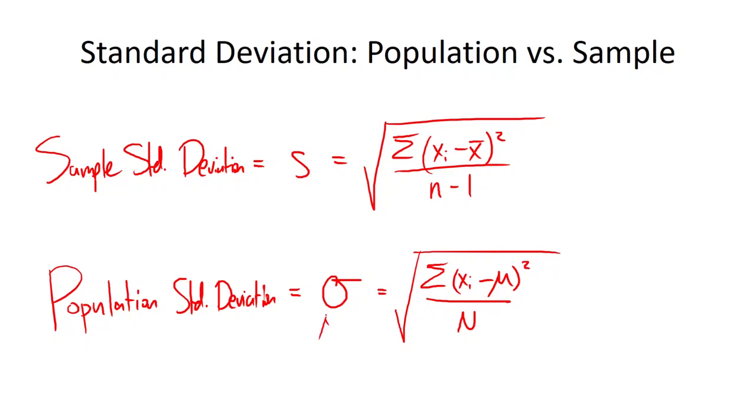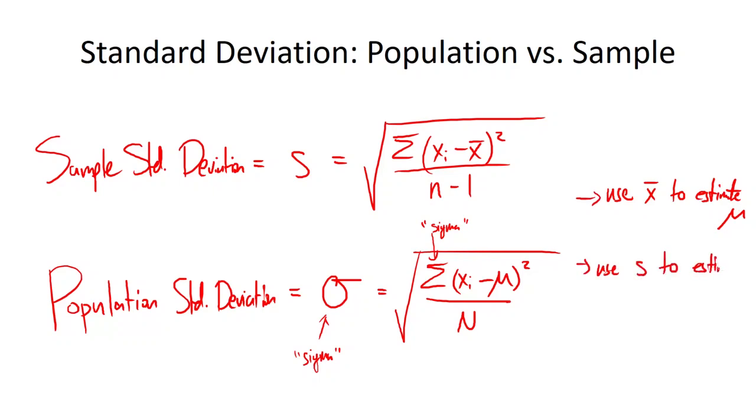Okay. So this little thing, this is a sigma. Not to be confused with that sigma, because one's lowercase and one's uppercase. And remember, the idea is we use x bar to estimate mu, and similarly, we use s to estimate sigma.